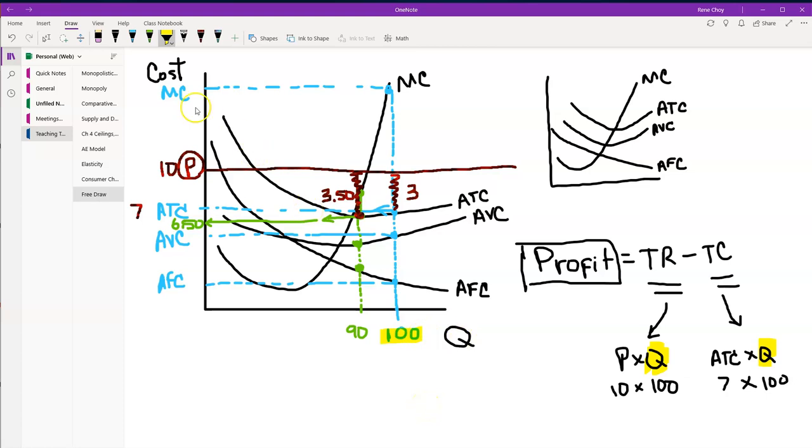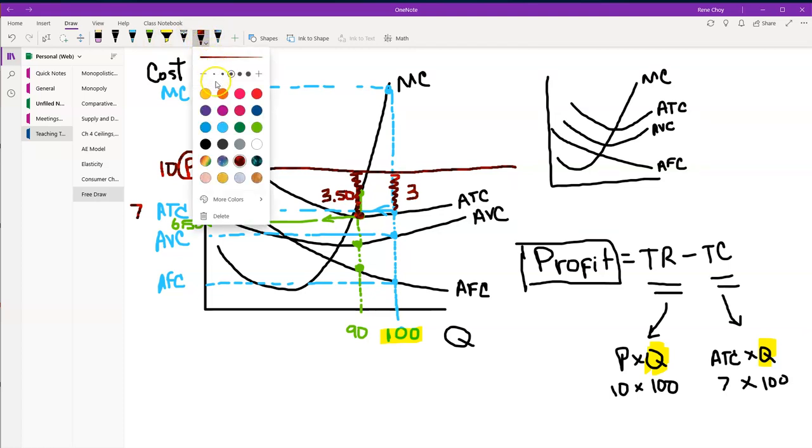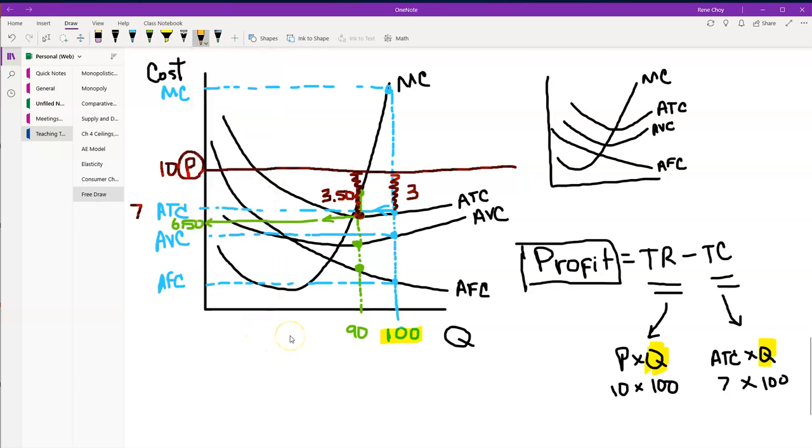All right, now one of the analyses that we're going to be engaging in in the subsequent chapters is where should you be producing? In other words, what is the most efficient point of production? Notice that the most efficient point of production is somewhere around here. Now, why is that? It's because the cost per unit is at its lowest when they touch the marginal cost line.